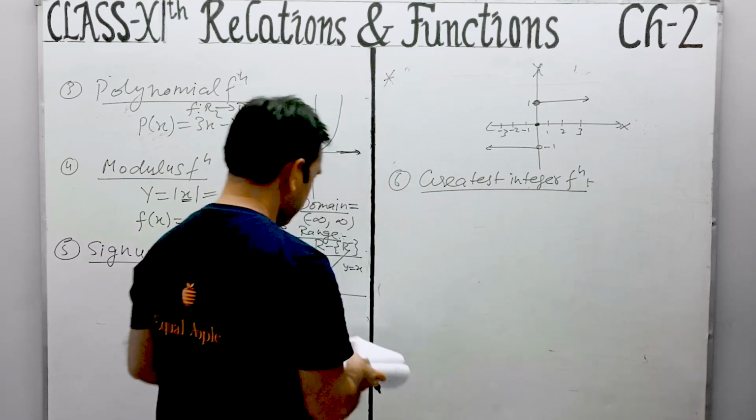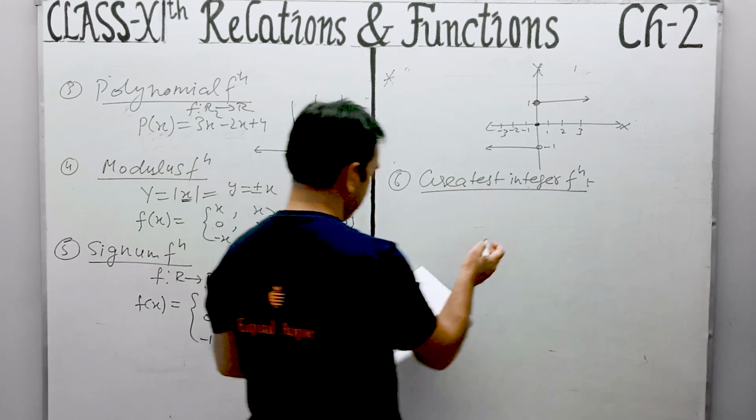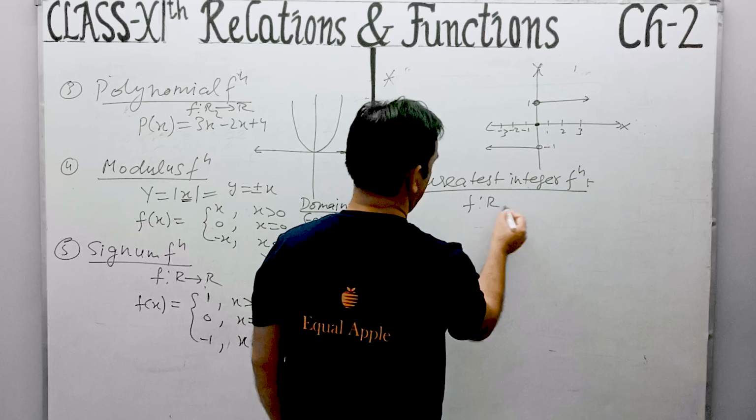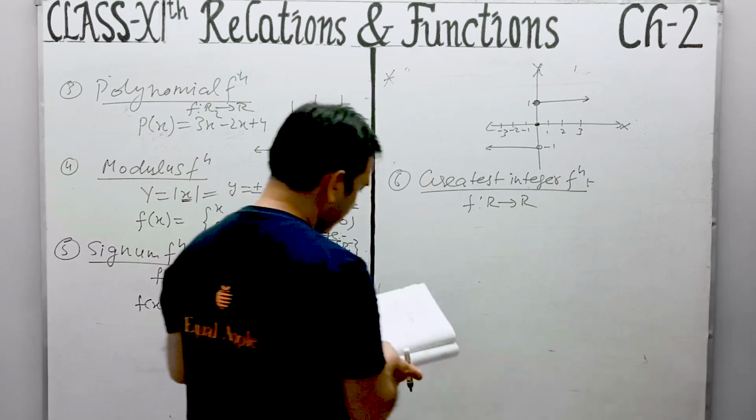What is the greatest integer function? The greatest integer function is a function from R to R, real number to real number.